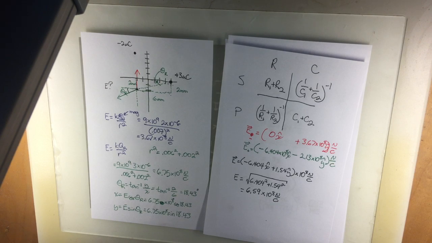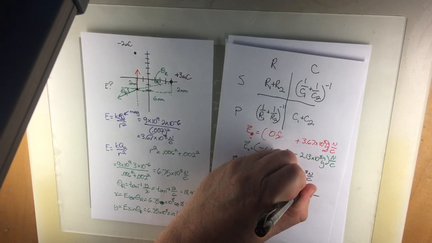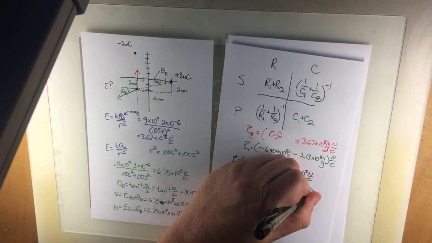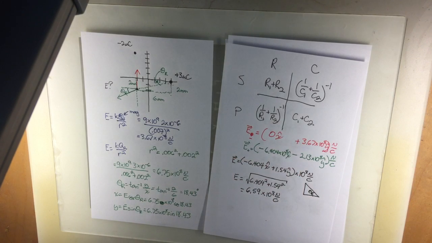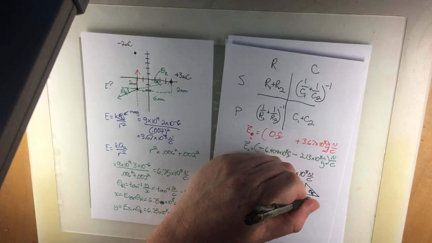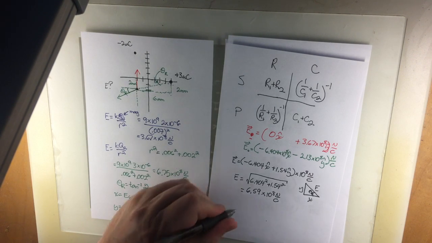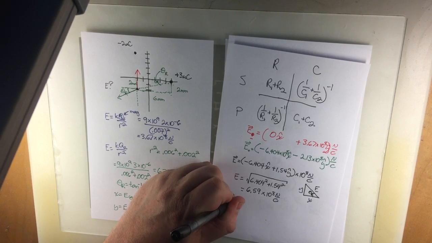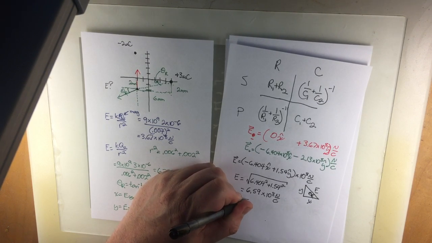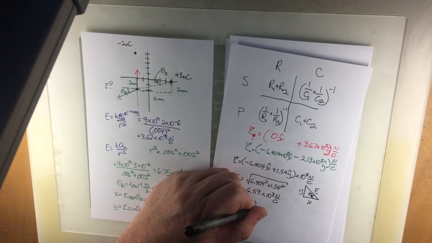Negative x, positive y. It's a second quadrant angle. X, y, the close reference angle. We've just determined the magnitude. The reference angle for this is inverse tan of y over x.